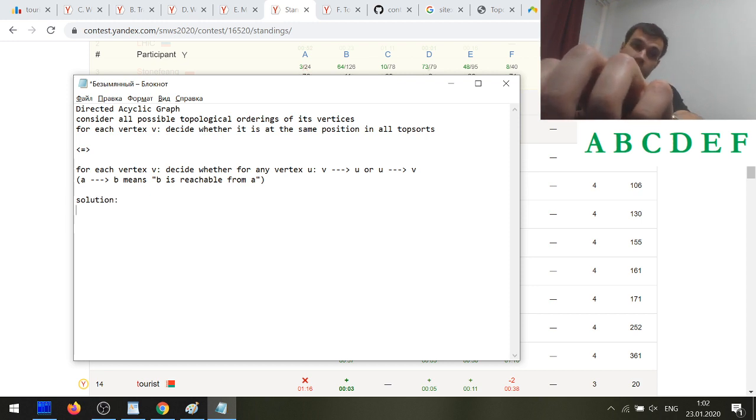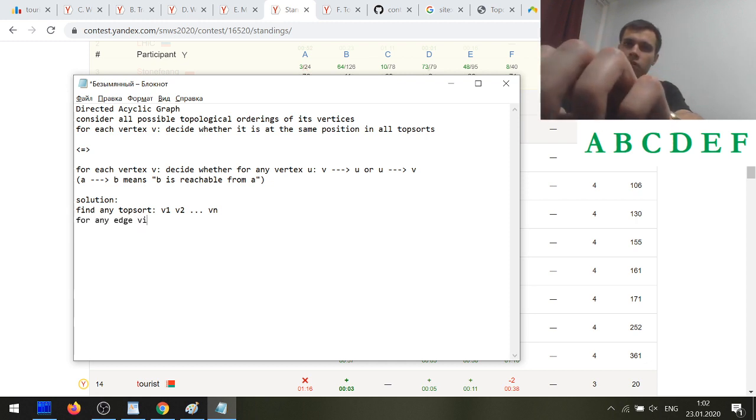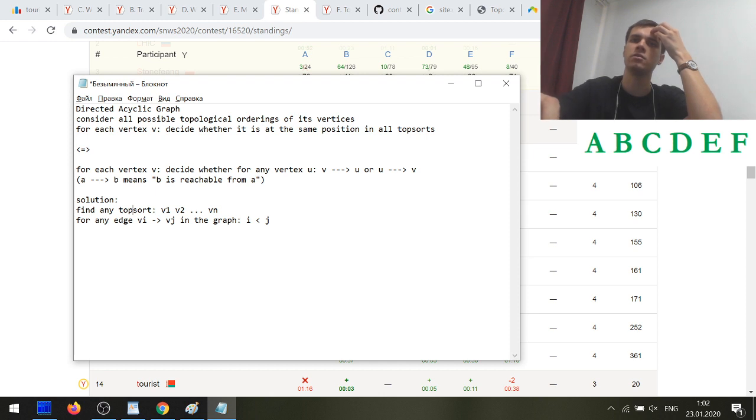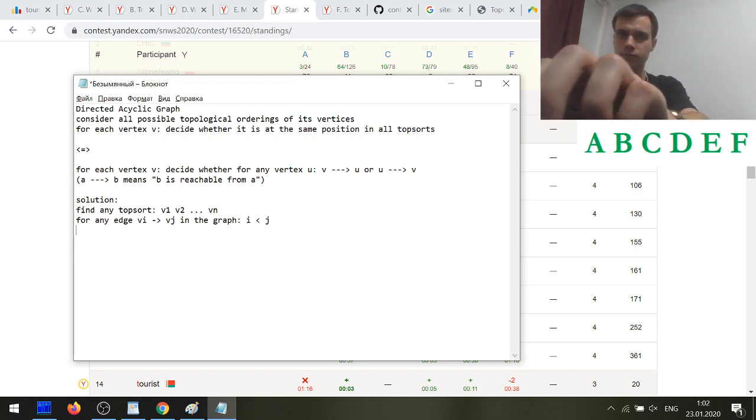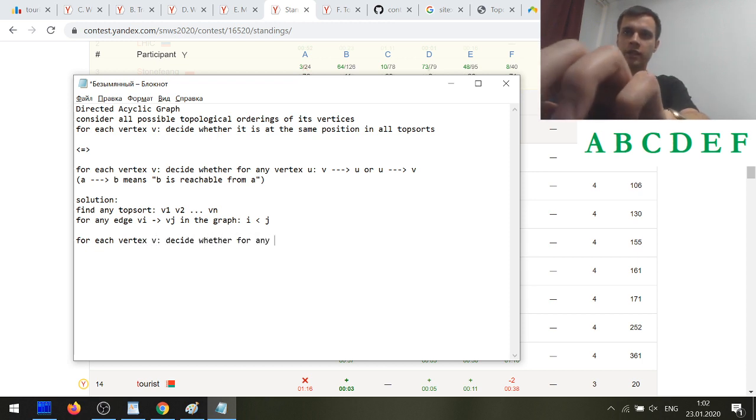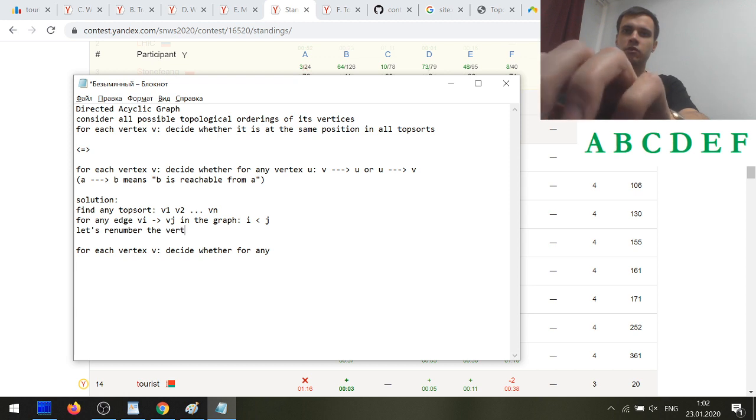So the solution basically is, find any top sort. Let's say we have top sort v1, v2, ..., vn. It now means that for any edge vi to vj in the graph, we have i less than j. So we call it top sort, or topological ordering, interchangeable. So we have all edges going from left to right. Now we have to decide for each vertex v, whether for any u, let's just renumber the vertices accordingly.